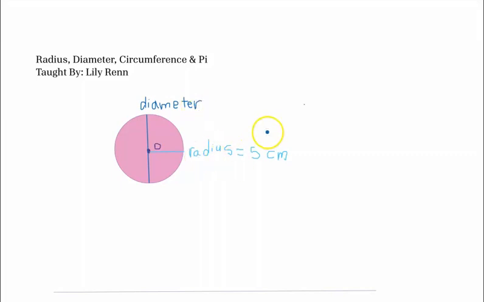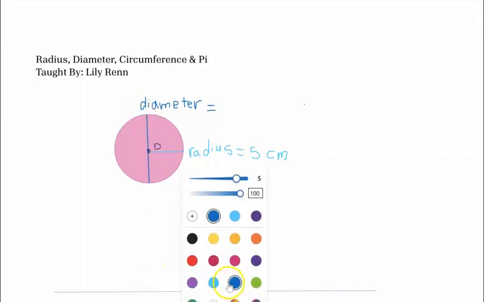If we're looking at the radius, this is from the middle to the edge. Going from the middle to the edge on both sides, it's clear to see that the radius twice is the diameter. Let's write this out.